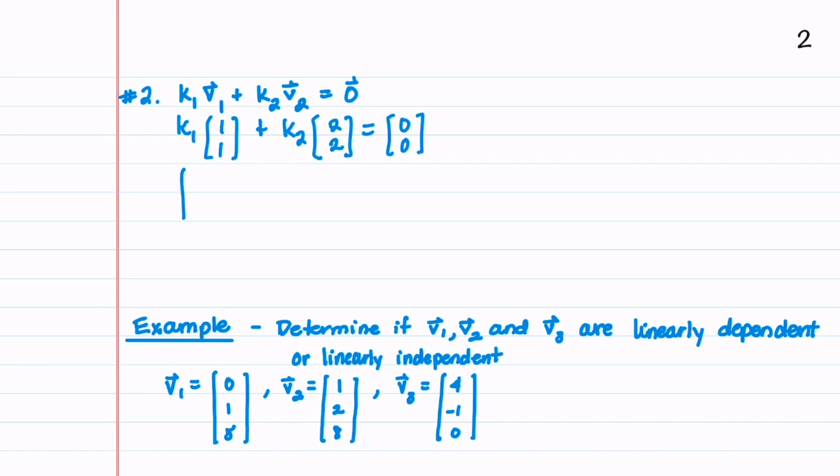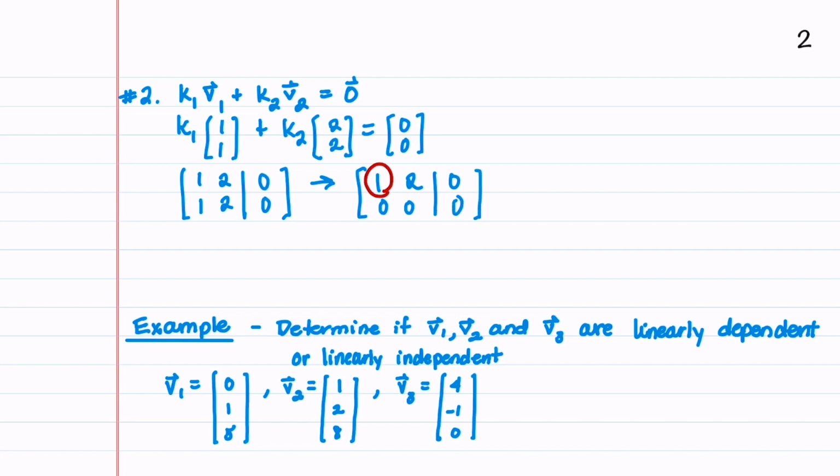We'll form our augmented matrix. And we'll put it in echelon form. We see that our matrix has only one column with a pivot, and we have one column that's missing a pivot.